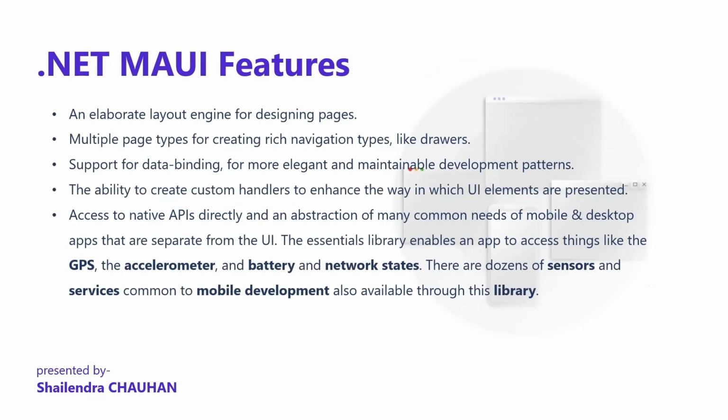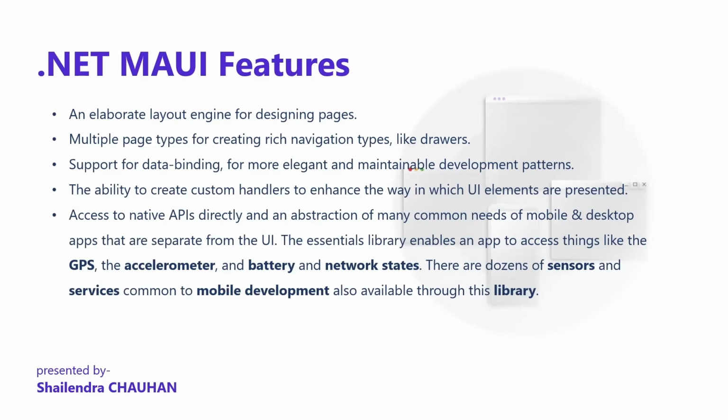So what are the .NET MAUI features? .NET MAUI provides an elaborate layout engine for designing pages, multiple page types for creating rich navigation types like drawers, support for data binding for more elegant and maintainable development patterns, the ability to create custom handlers to enhance the way in which UI elements are presented, and access to native APIs directly as an abstraction of many common needs of mobile and desktop apps that are separated from the UI.